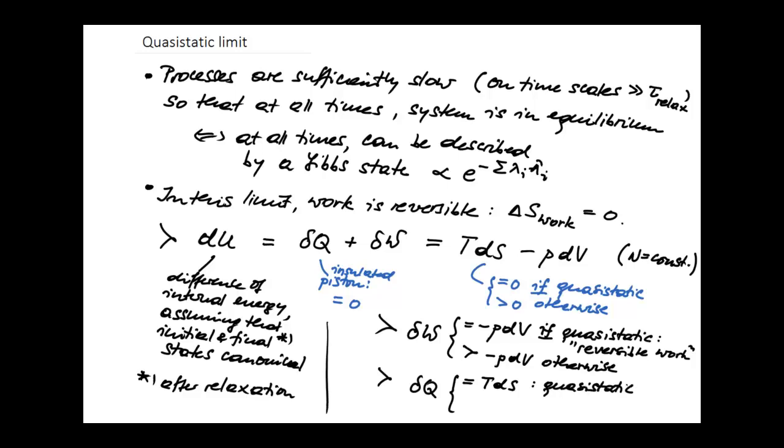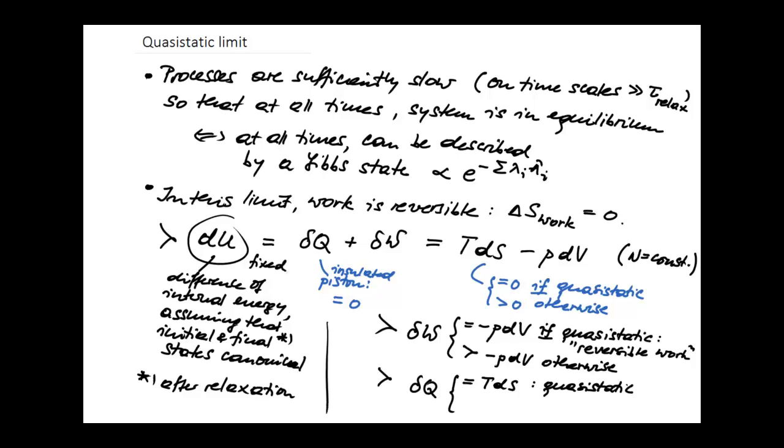So this is true in the quasi-static case. If the process is not quasi-static, then the amount of work performed is larger than minus PdV, since the sum of heat and work must still give the same change of internal energy. The dU on the left-hand side is fixed.